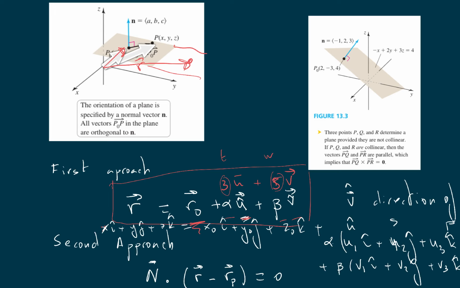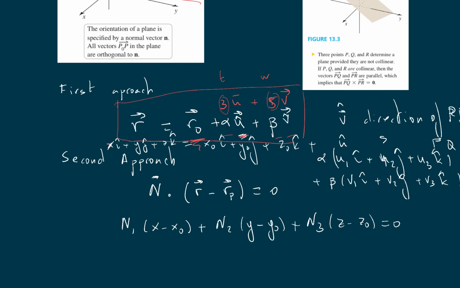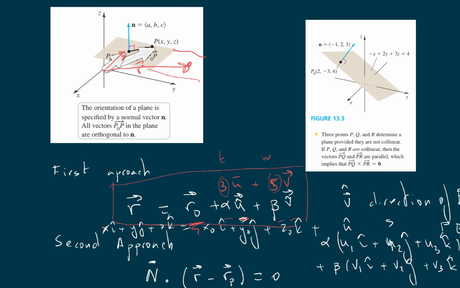So the second approach says the normal vector n dot product a vector that is on the plane. A vector that is on the plane is r minus r0.